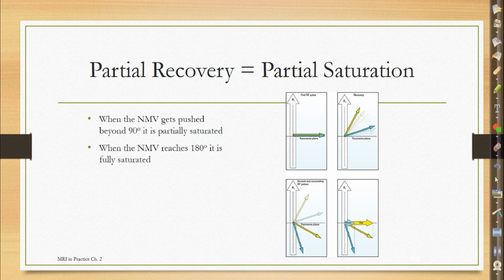But remember, we're not allowing these tissues to fully decay and fully recover because we want contrast. So there's sometimes going to be a component of transverse magnetization still left when we hit it with the second RF pulse. Depending on the flip angle, it's going to flip the vectors still in the transverse plane another bit, and it usually pushes it past that 90-degree threshold.